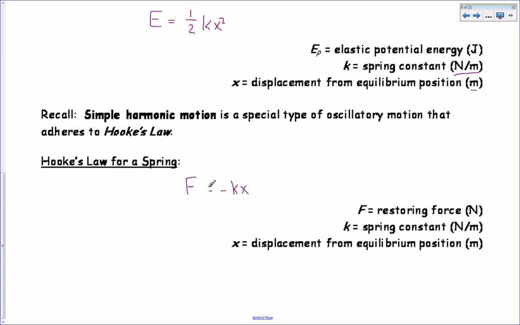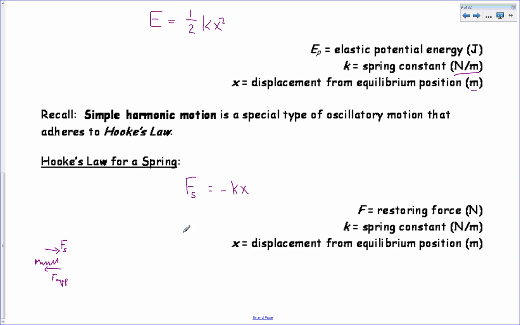And the reason why this is negative is because if you're pushing on a spring, so if you've got a spring compressed all the way up here like this, and you're pushing on it to get it that way, the force that you're applying, that's your applied force, is to the left. The restoring force, though, Fs, and I'm going to put a little s on here because that's the way it is in your formula sheet, is in the opposite direction as the applied force.